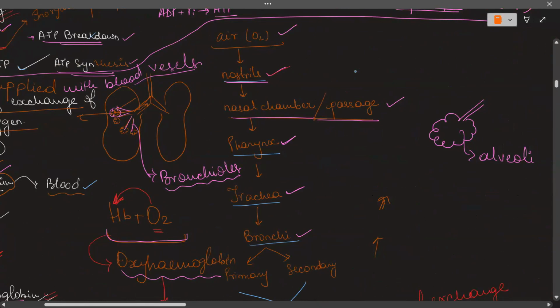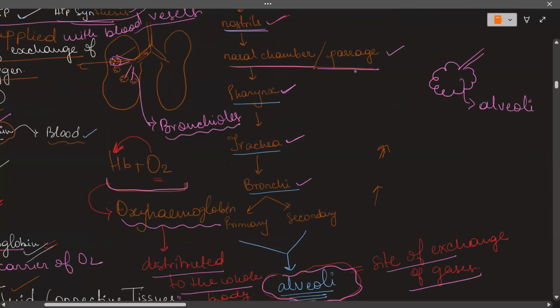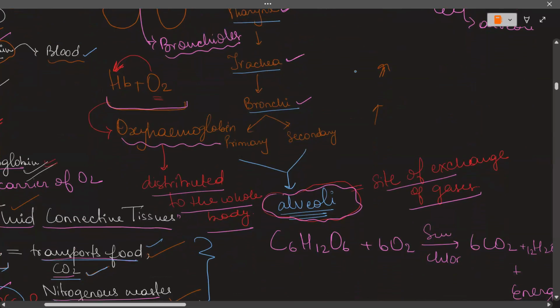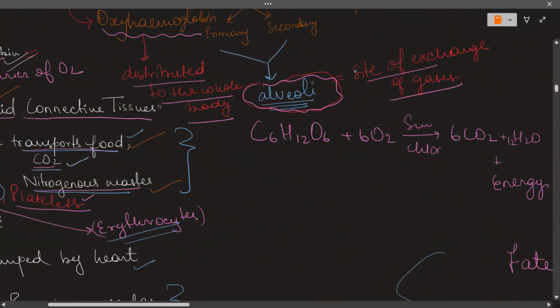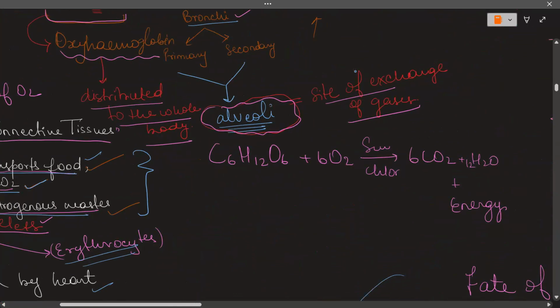The nostrils have nasal hair, because of which dust particles are trapped and do not go into our respiratory system. Then from the nasal chamber, the air goes into the pharynx, then to the trachea, and then to the bronchi. The bronchi divide into the primary bronchi and the secondary bronchi. And lastly, all of it opens into the alveoli.